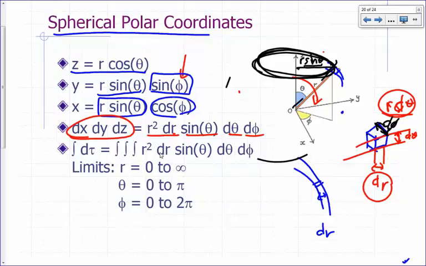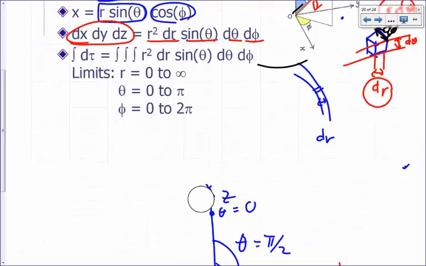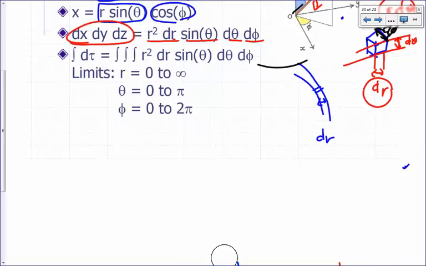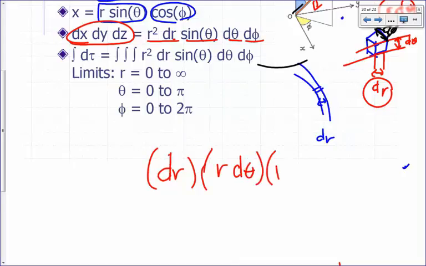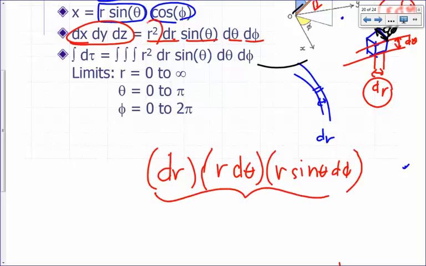So that differential element of volume you have is dr times r d theta times r sine theta d phi. So that gives you r squared dr sine theta d theta d phi.